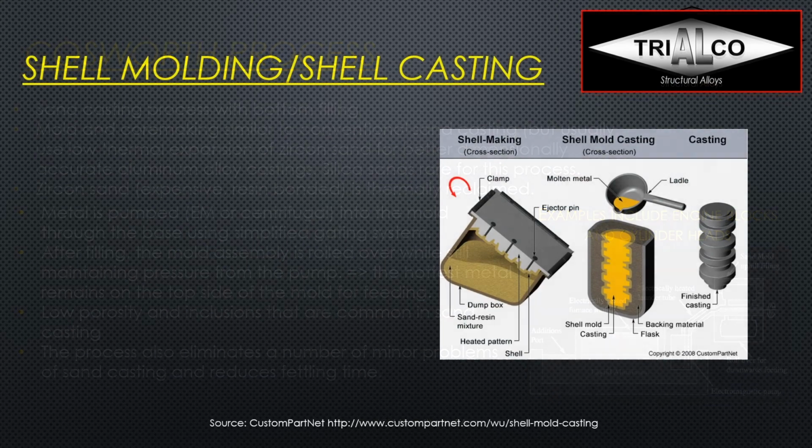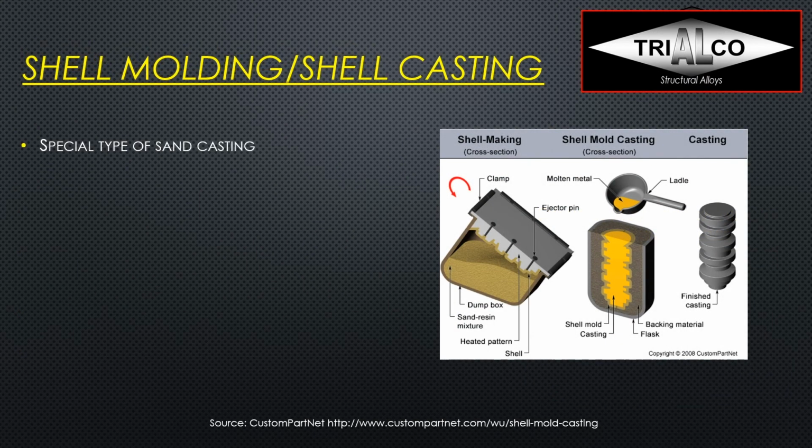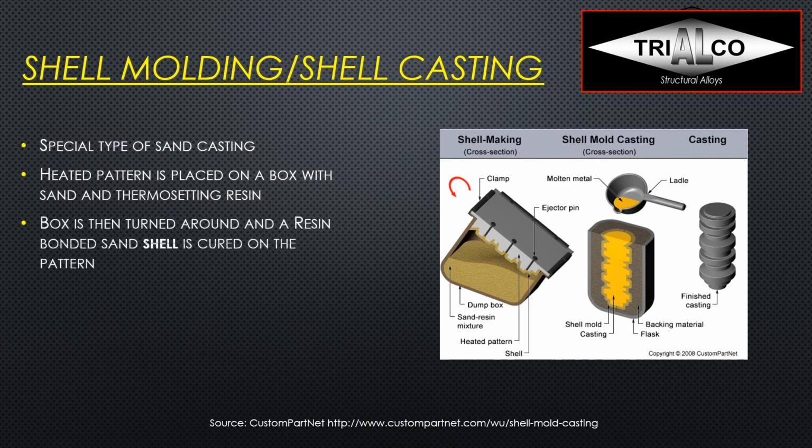Now, let's quickly look at shell molding or shell casting. While the name kind of indicates what it is, it's basically a type of sand casting as well. But the heated pattern is placed in a box with sand and thermosetting resin. Then the box is turned around and the resin bonded shell is cured on the pattern. So we really just have a sand shell that is cured in an oven, and then the pattern is removed.